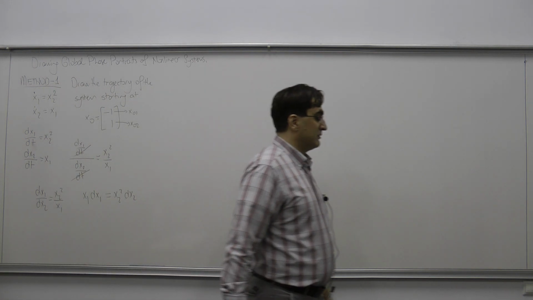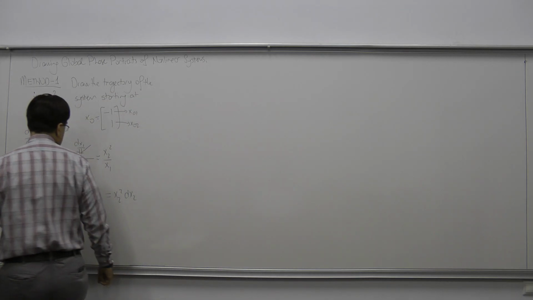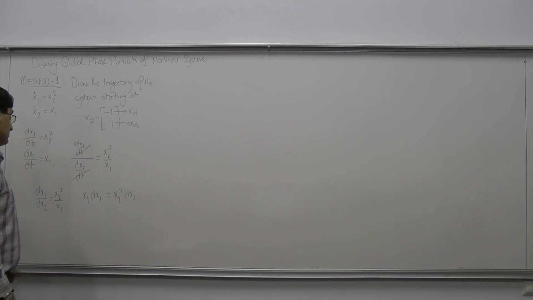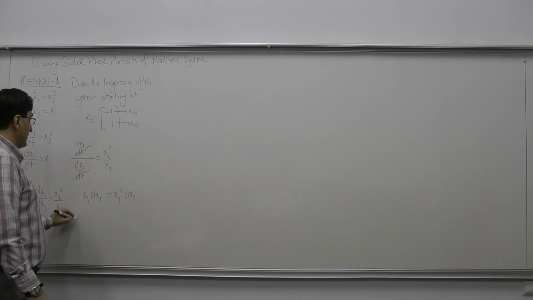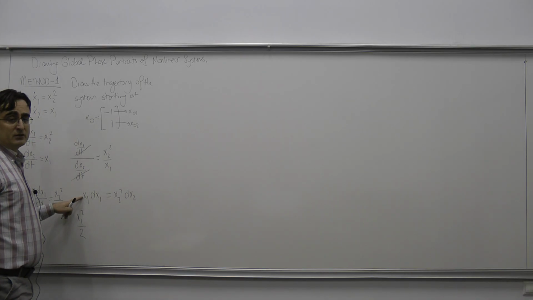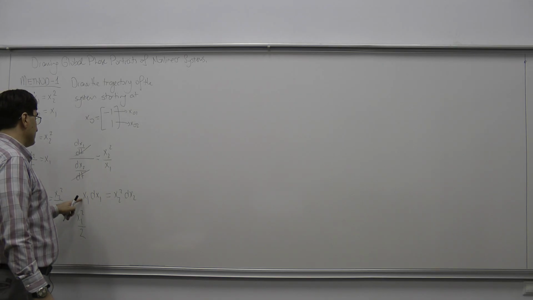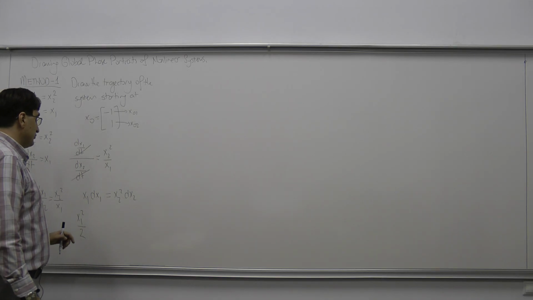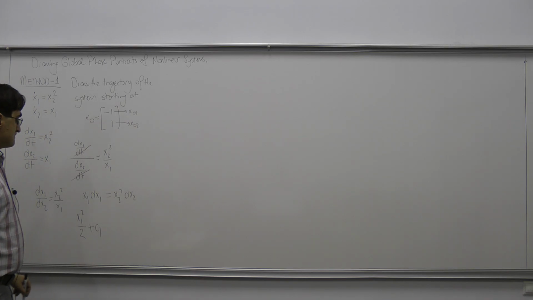Then I will integrate both sides to get rid of these dx1s, dx2s. Okay? Integrating the left-hand side, I get x1 squared over 2. I'm integrating with respect to x1. The integration of x1 with respect to x1 is x1 squared over 2. And I have a constant c1 here. Okay?